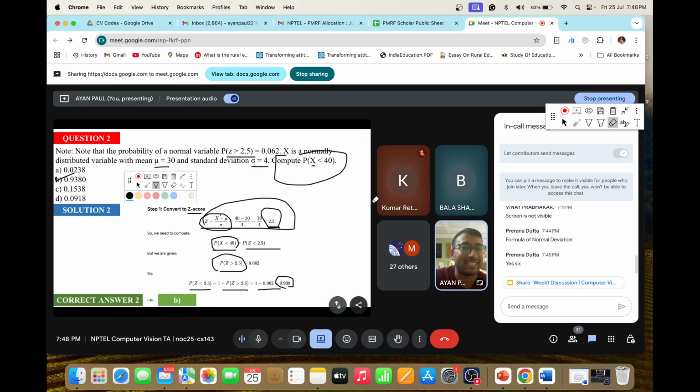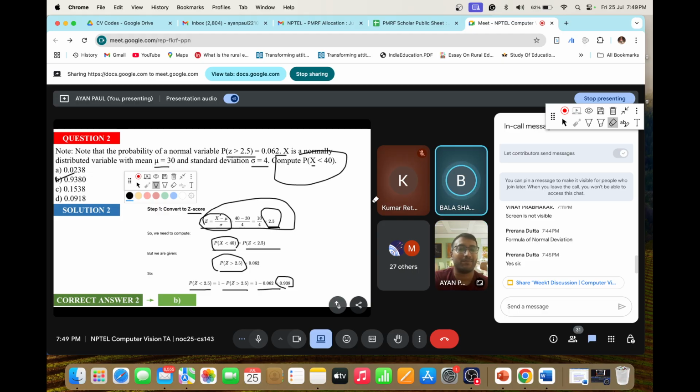There also, if P(z lesser than 1) is given and P(z greater than 2) is given, then you can calculate it. So for that, the probabilities of the z values should be given.